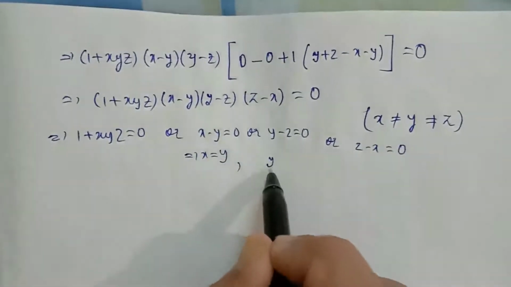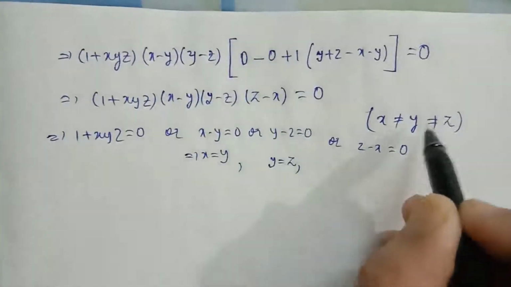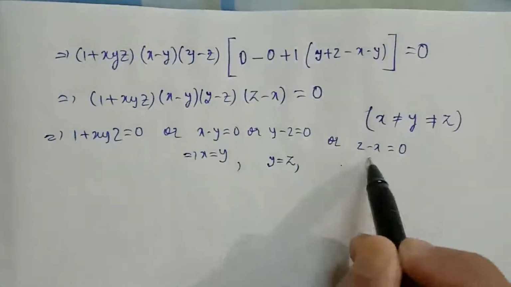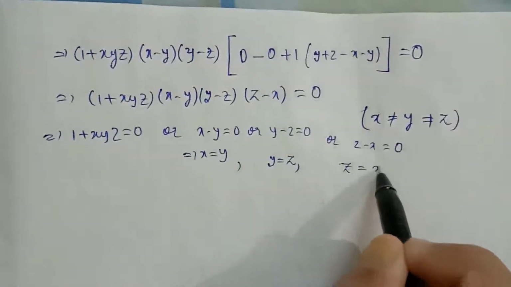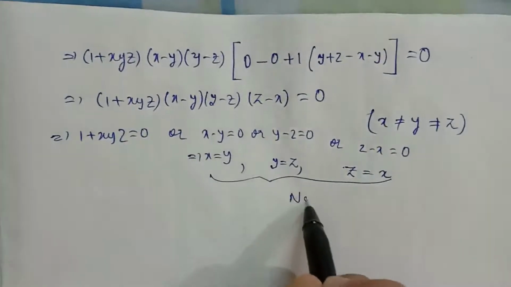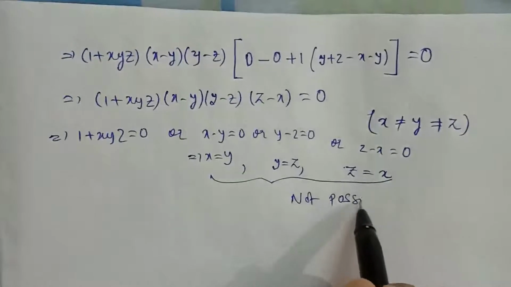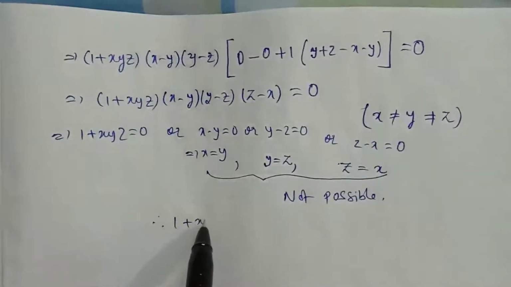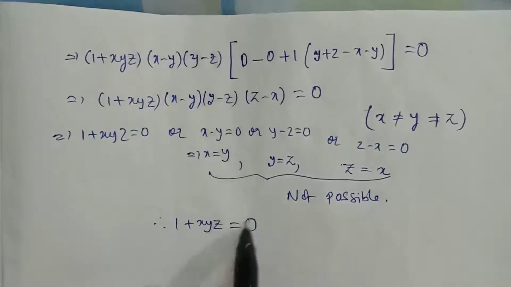Y minus z equal to 0 means y equal to z, which is also not possible. Given z minus x equal to 0 means z equal to x, which is also not possible. These three are not possible, so we are left with this condition. Therefore 1 plus xyz is equal to 0.